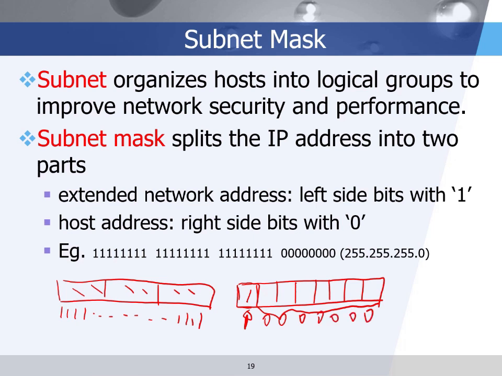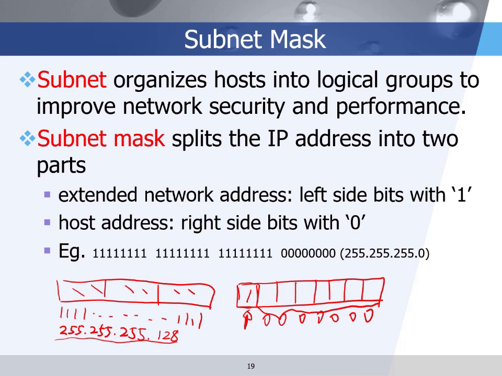And if we change this to decimal, that will be 255.255.255.128. So this will be the subnet mask for this split.